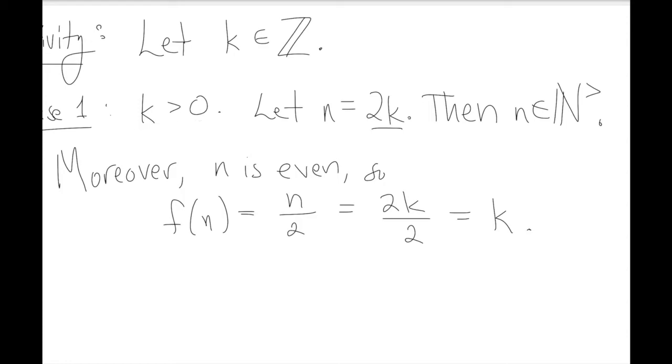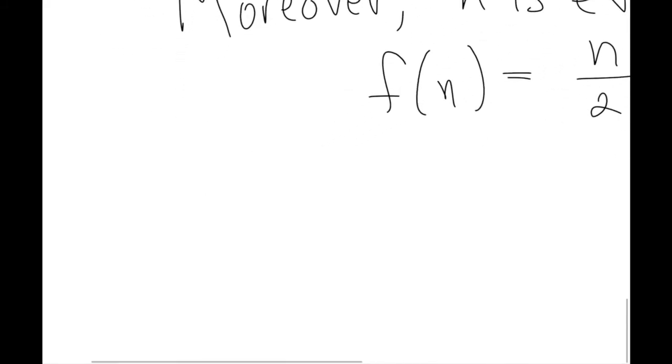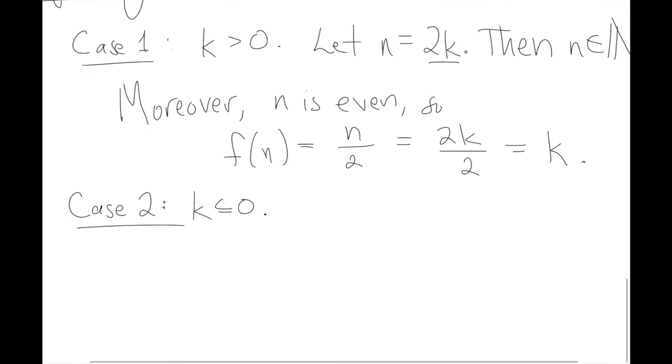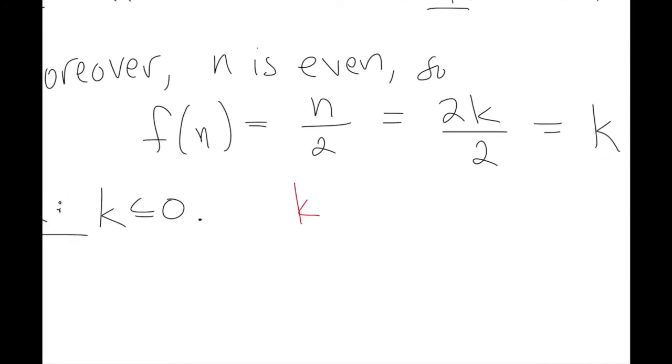Now let's look at the case when k is not positive. We have to somehow construct some n that makes f of n equal to k. Again, let's do some scratch work here. If k is less than or equal to 0, we've already shown that k has to equal 1 minus n over 2 for some n.